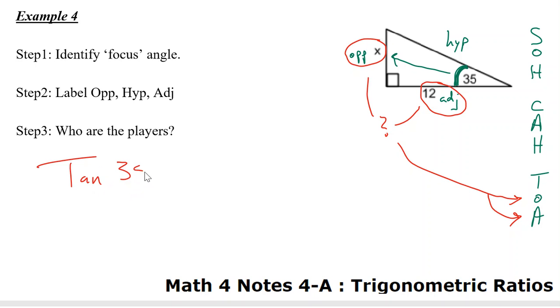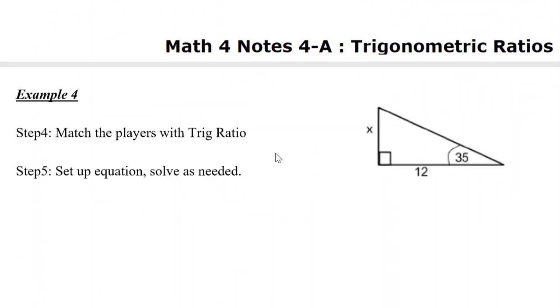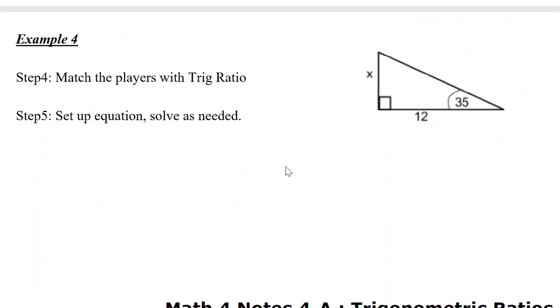And I know how many degrees. And SOH CAH TOA tells me that the opposite goes on top, the adjacent on the bottom. That's x on top, 12 on the bottom. Now, if I want to solve for x, I'm actually getting ahead of myself here a little bit. I'm going to scroll down. Match the players with the trig ratio.